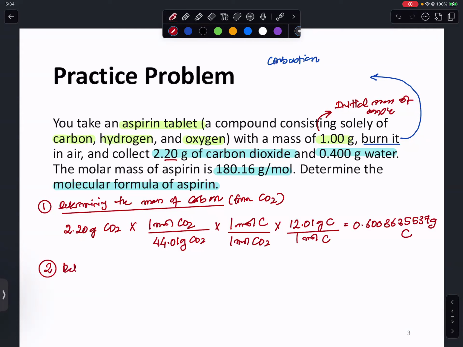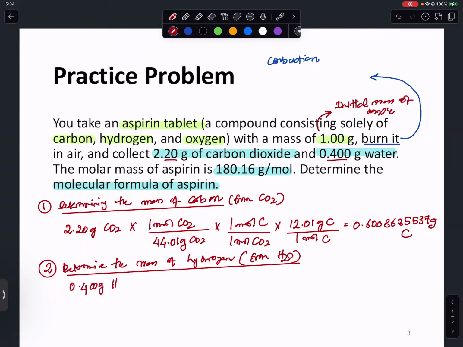Now, the second step, I'll do the same exact thing to extract the mass of hydrogen. So I will say determine the mass of hydrogen, okay? Hydrogen is present in H2O. Same deal, I will take the 0.400 grams of water, divide by the molar mass of water, which is 18.02 grams of water.